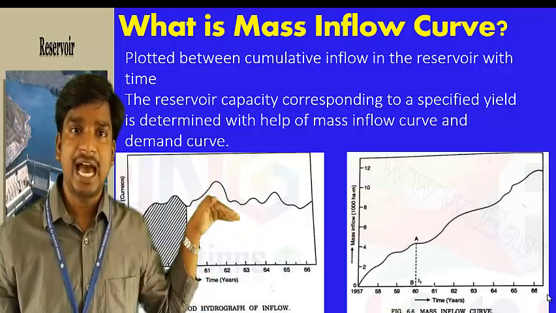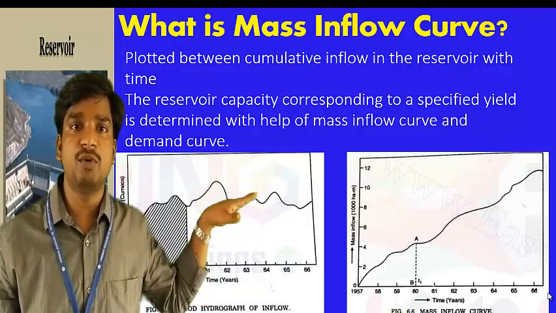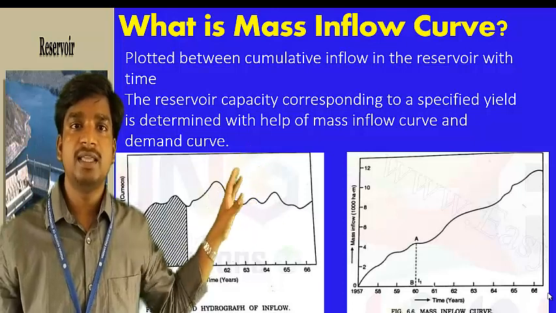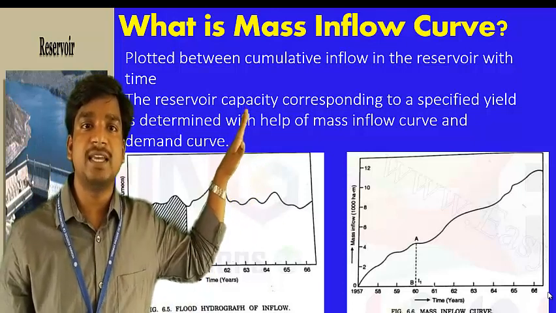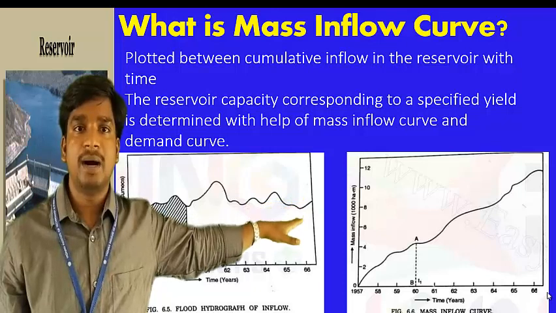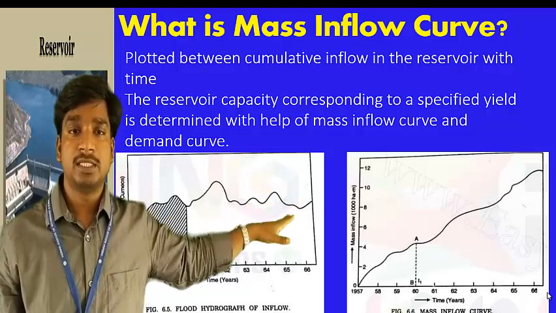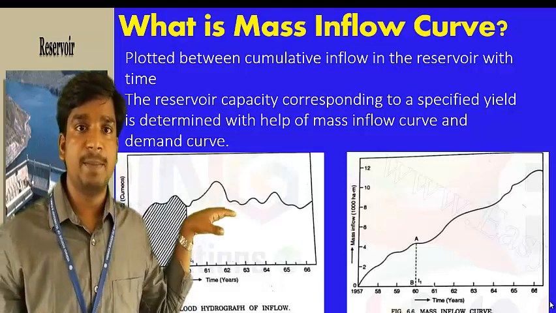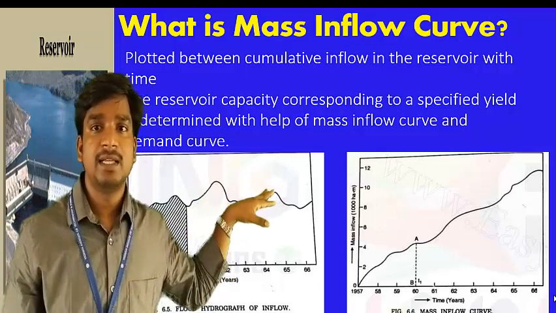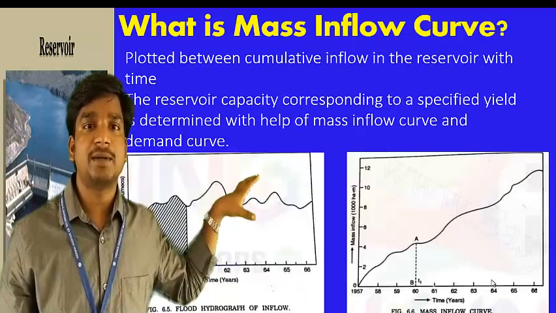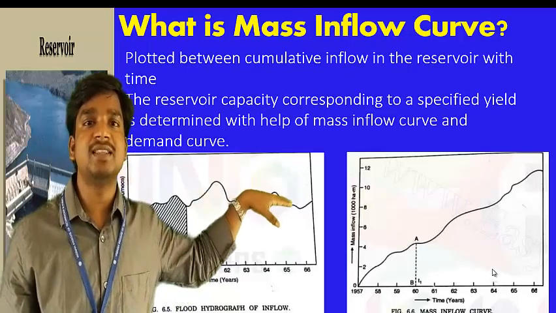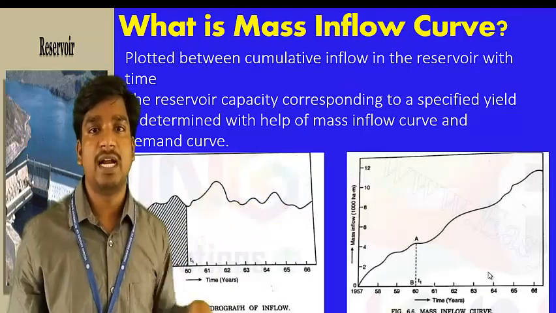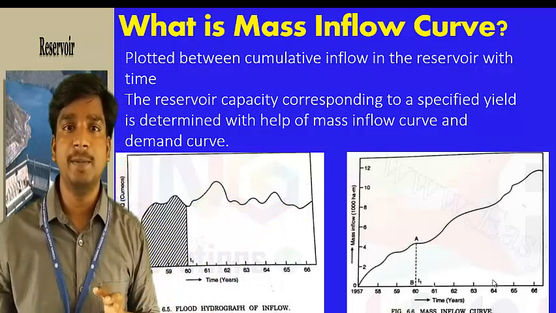Wherever there is a high flow to the reservoir, there will be a continuous sharp rise in the mass inflow curve. Suppose whenever there is no inflow to the reservoir, then what happens? The curve will be flat, means there will not be any rise in the curve. So these things you have to remember.